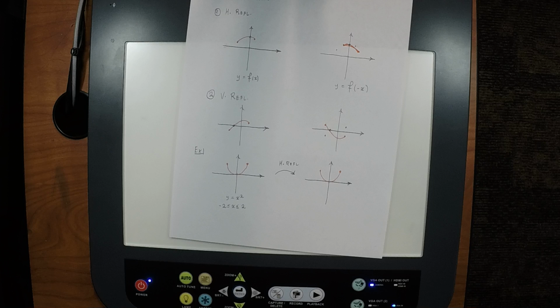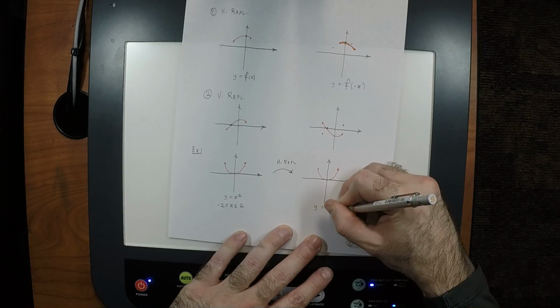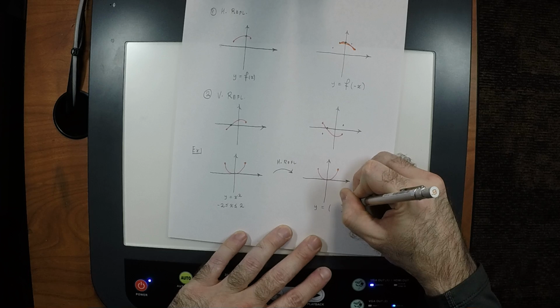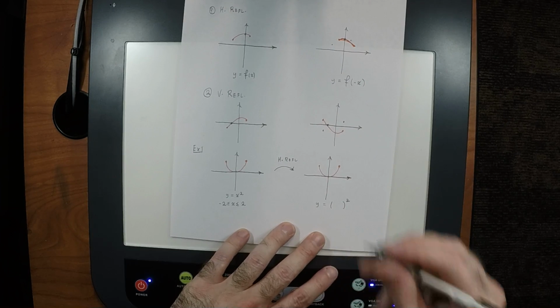Now wait, algebraically, what does it mean to make a horizontal reflection? What do you do? Which variable do you play with? The x. And what is it that you do to the x? You negate. So what we're saying is that the new formula should be y is equal to, and then I've got to fill in the slot there, right? What goes in there? Negative x.